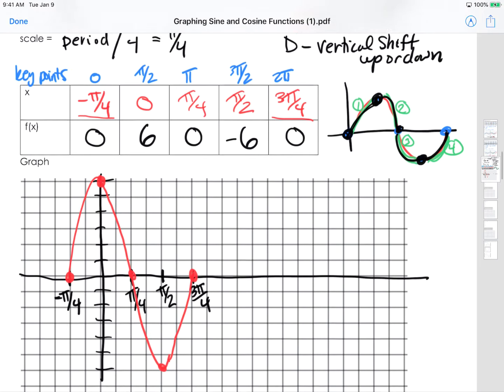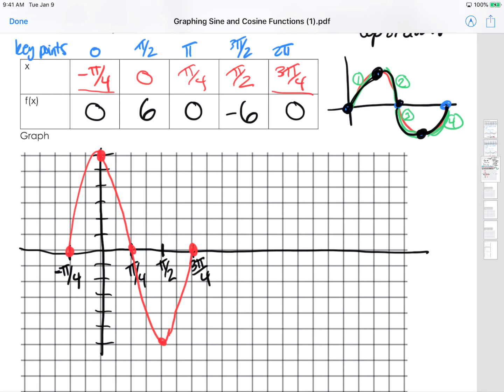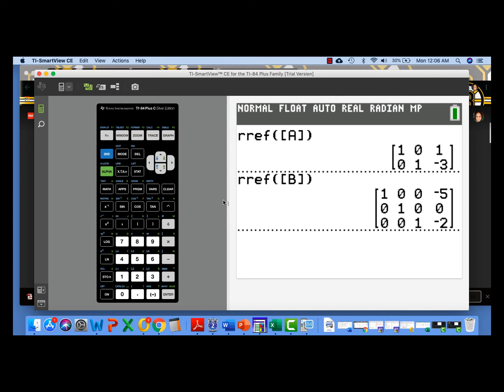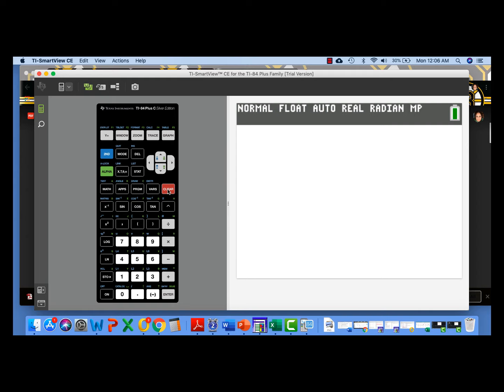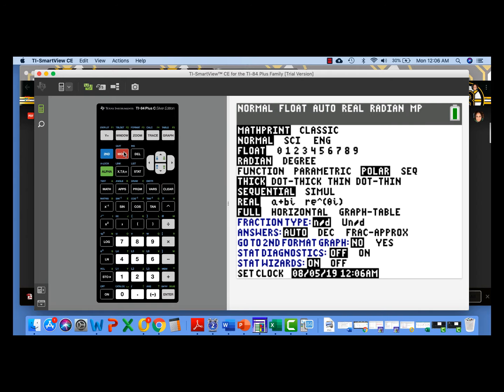Now I'm going to next show you how you can check this on your calculator. Okay, so to check this on your calculator, the first thing you're going to do, make sure you clear out anything that you have in there already. Then we want to make sure we're in radian mode. If you're not, just switch it from degrees to radians.